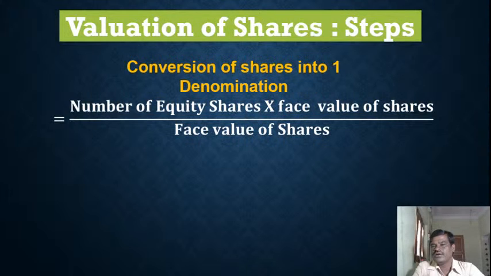If the face value is 5 and I want to convert into rupees 10, you have to take 5. If the face value is 10 and I have to convert into 5, I have to take 10, divided by the same face value of share.